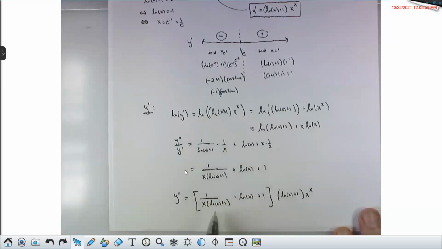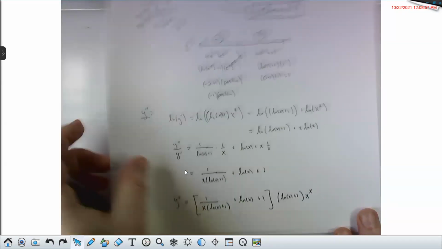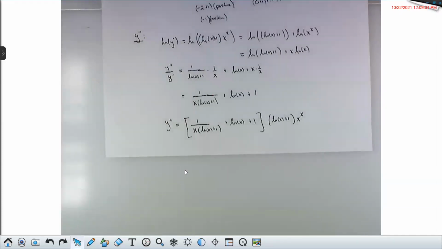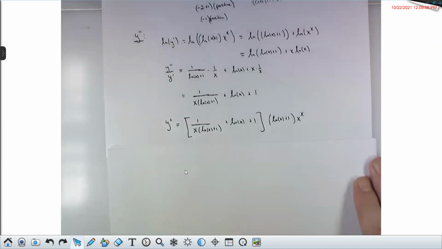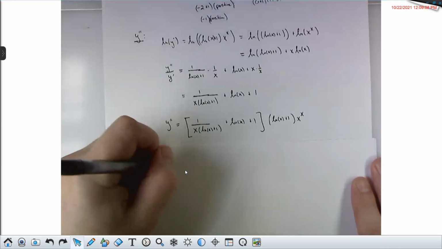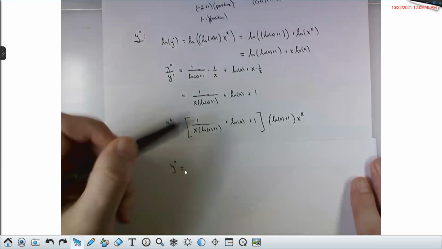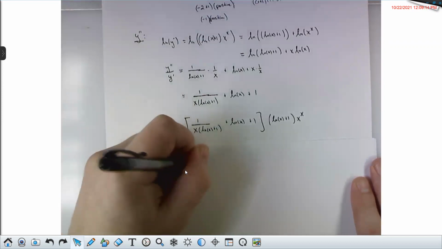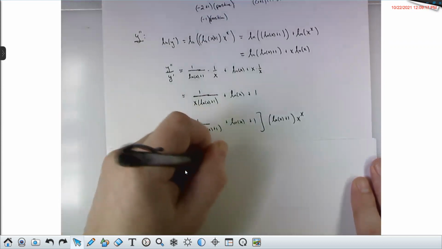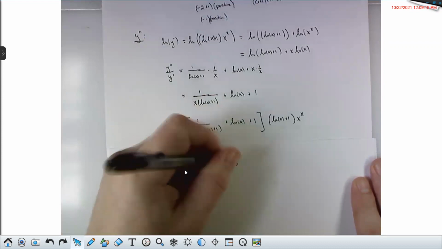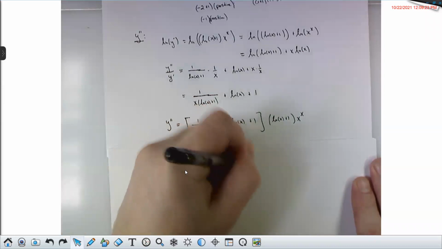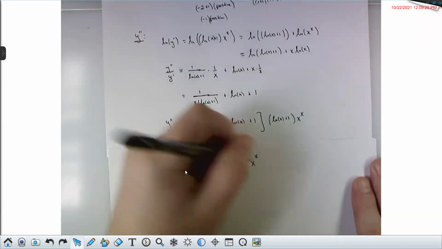And we're quite lucky here in that some of these scary terms are going to cancel. So leaving the x to the x on the outside, but distributing the ln of x plus 1, I get y double prime equals 1 over x plus (ln x plus 1) all squared, times x to the x.